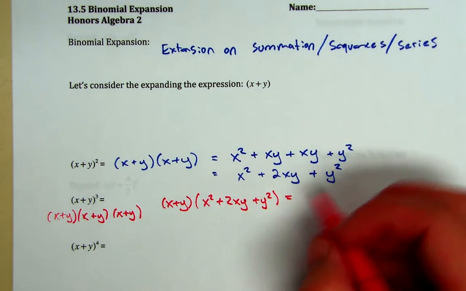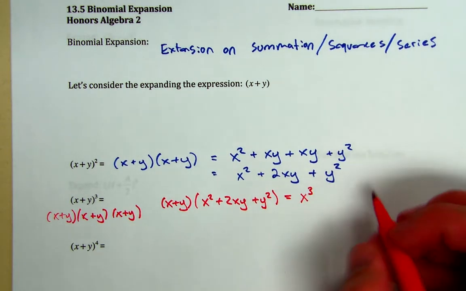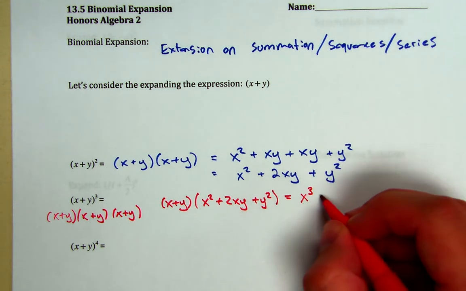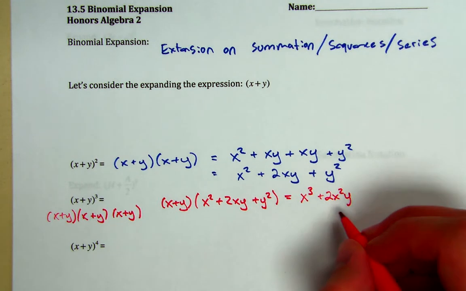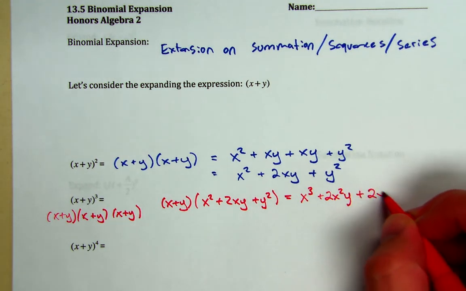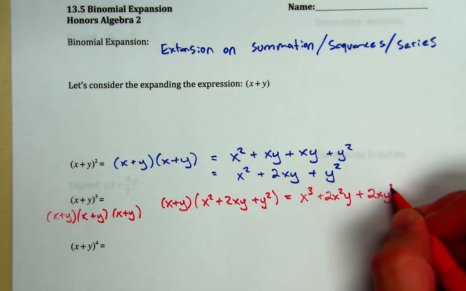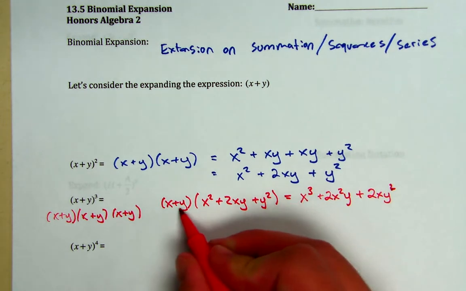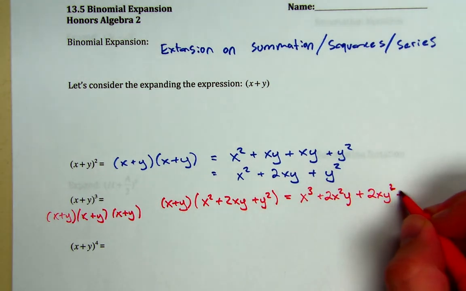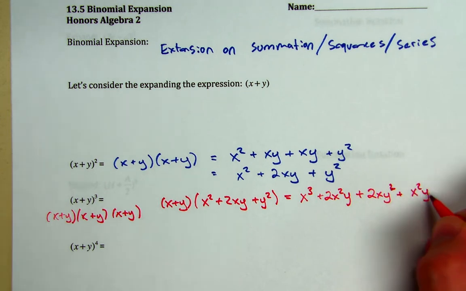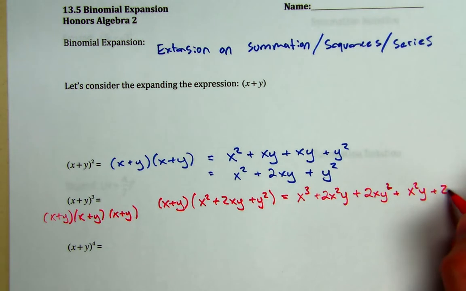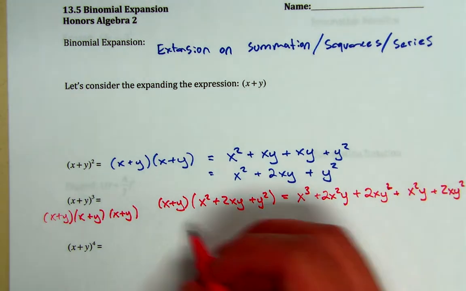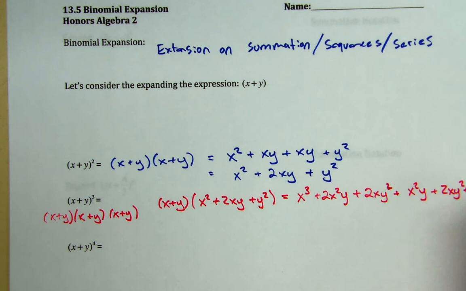So we get x times x gives us x cubed, and then x times 2xy gives us plus 2x squared y plus 2xy squared, and then now I'm multiplying the y through, so plus y times x squared, so x squared y, because I'm going to put the x's first again, plus 2xy squared and plus y cubed.